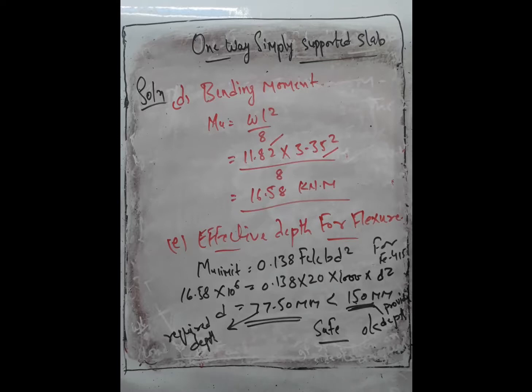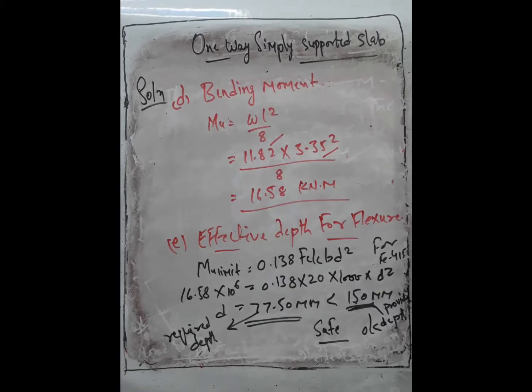If you get required depth greater than provided depth, then you have to redesign all the steps, means you have to redesign the dimensions. So here we find required depth is less than provided depth, that means it is okay.